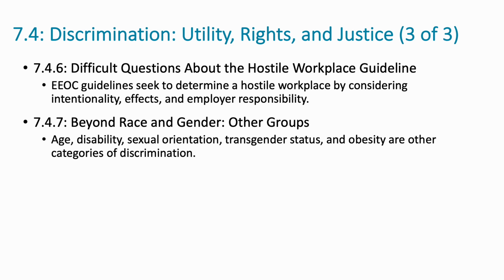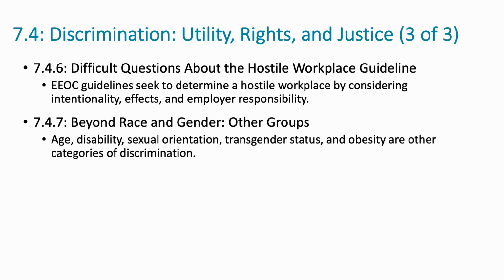Lastly, we have to recognize that it isn't just, as I said, race and sex where we start to see discrimination. We can see it based on age. We see it based on ability status, whether or not you have a disability or are perceived to have a disability, your sexual orientation, your gender identity status, how heavy you are, and your obesity levels.